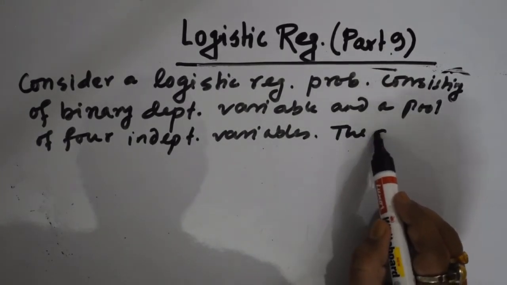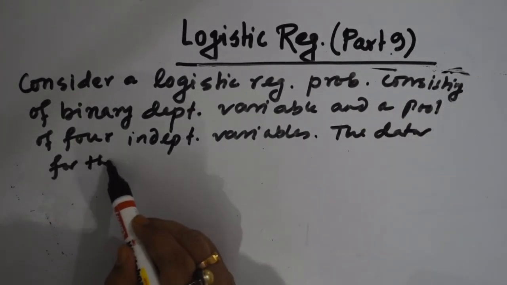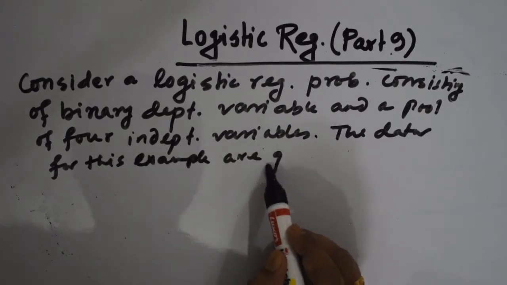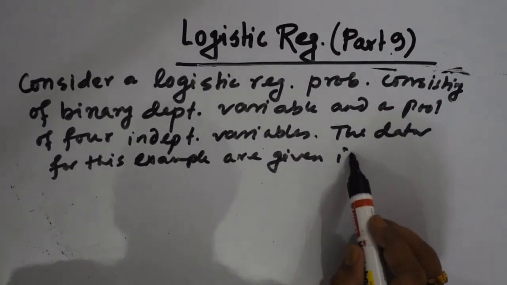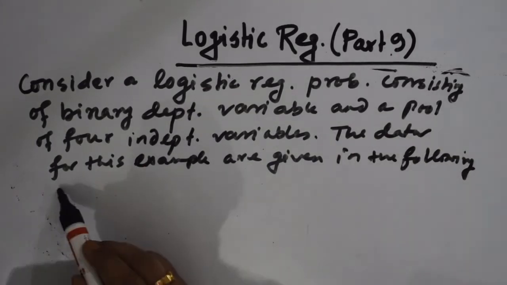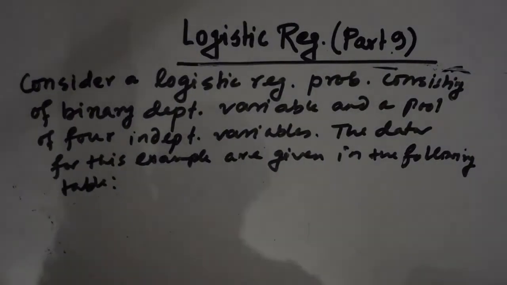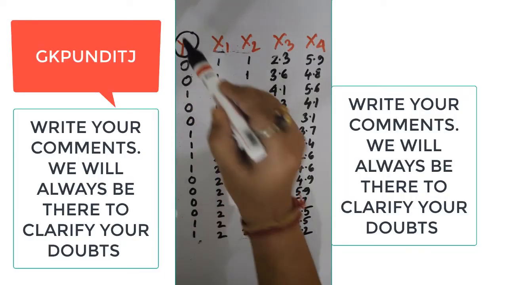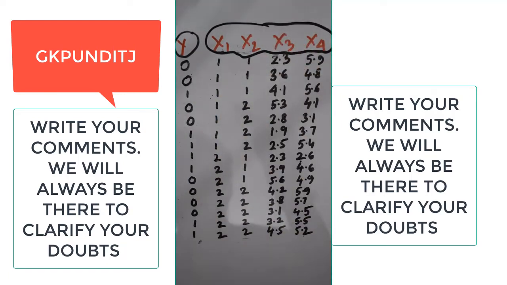The data for this example are given in the following table. So this is the example where y is a response variable, and here we consider 4 explanatory variables.